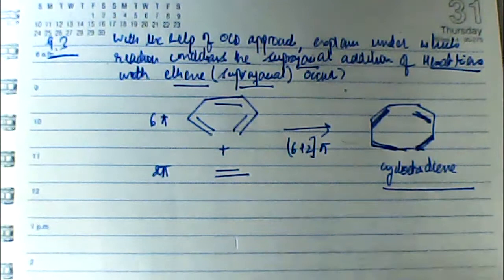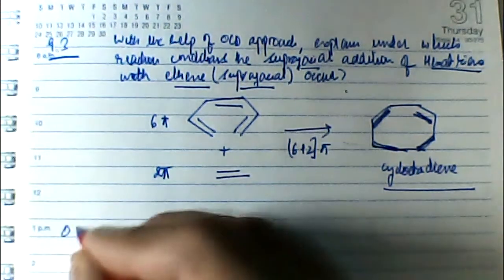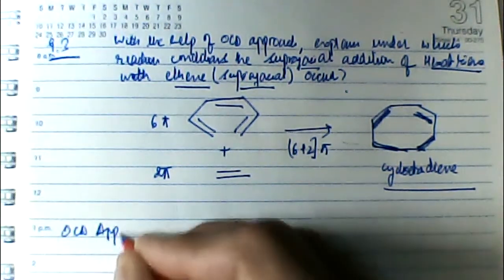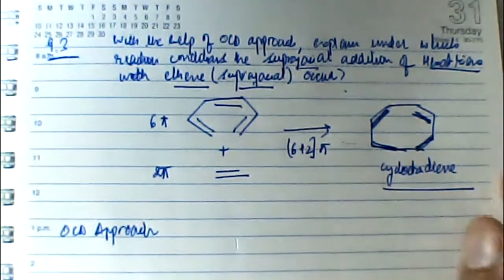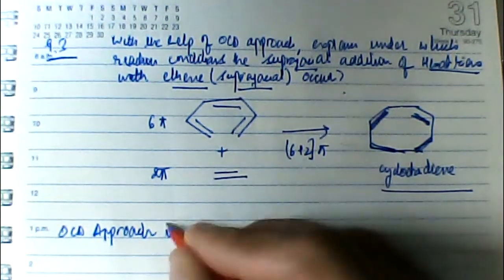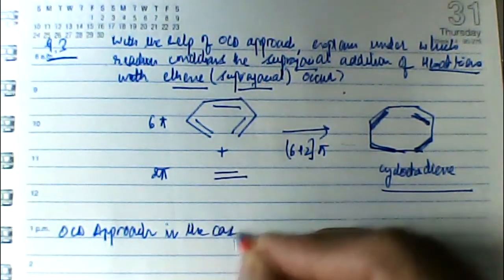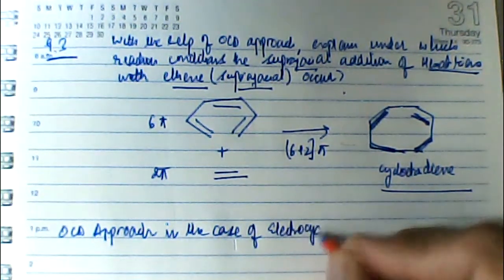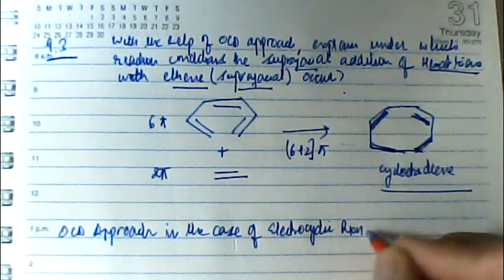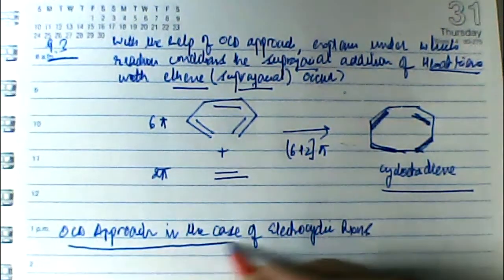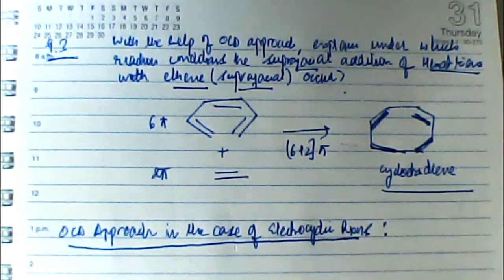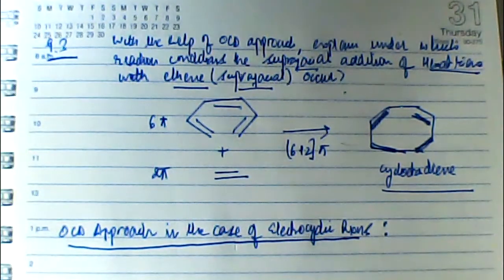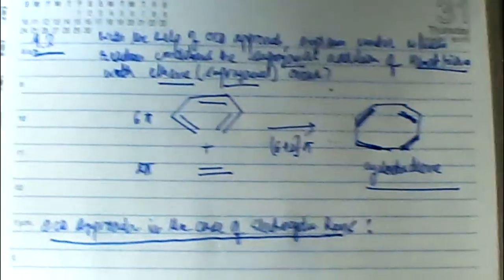Right, now we'll talk about the OCD approach in the case of electrocyclic reactions. We know electrocyclic reactions are ones in which you have a polyene system which under reversible conditions cyclizes into the cyclic product.